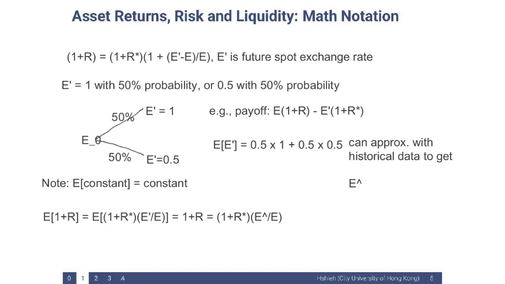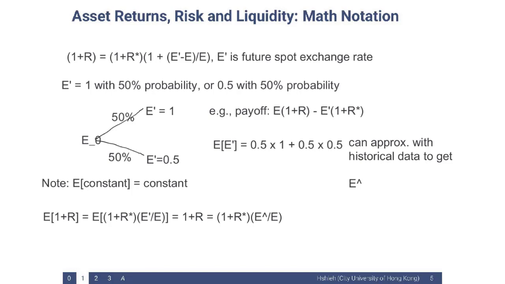All right, so if we like to think in averages, then why don't we just take the average of this expression here, right? So we get an expected return model. So expected return of 1 plus r equals expected value of 1 plus r star times 1 plus, let's just do E prime over E. Again, I think it's clear.